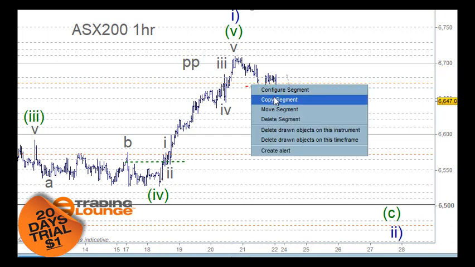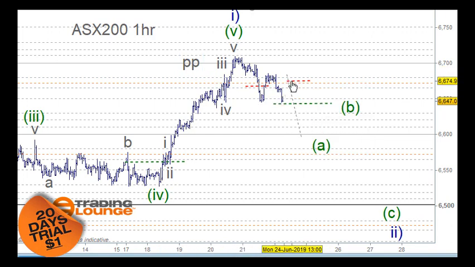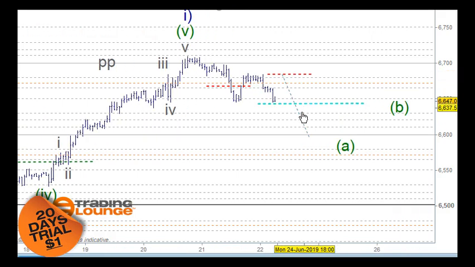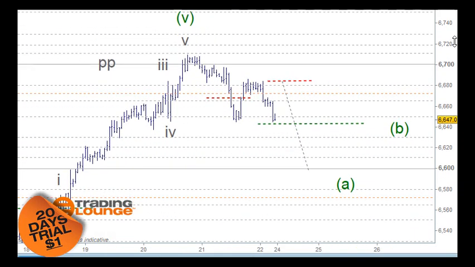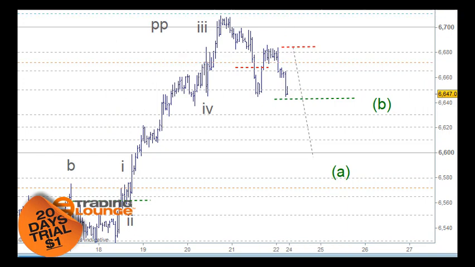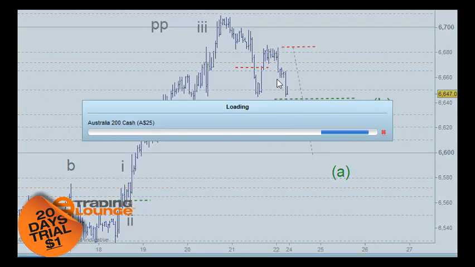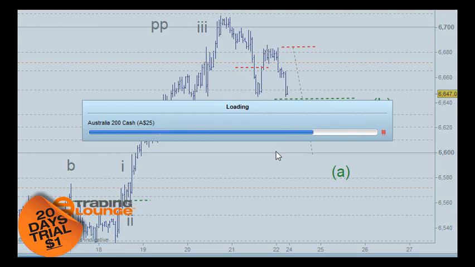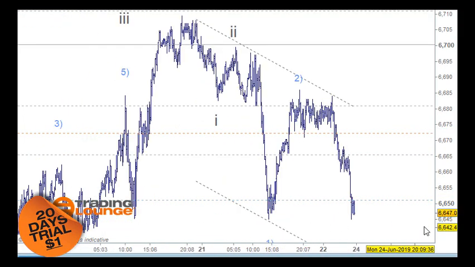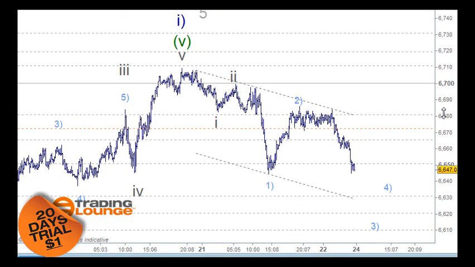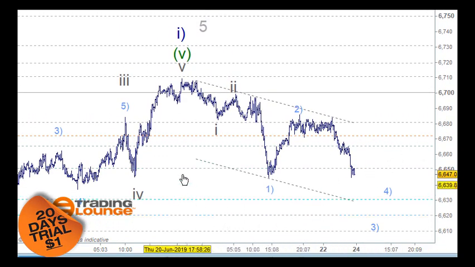With this here, I'll just copy this. I'll go to the tick chart for a second, as I want to look at some internal structures within this leg here. I'm taking a little bit of liberty with the count here. I know we've got 5 waves in this little section.